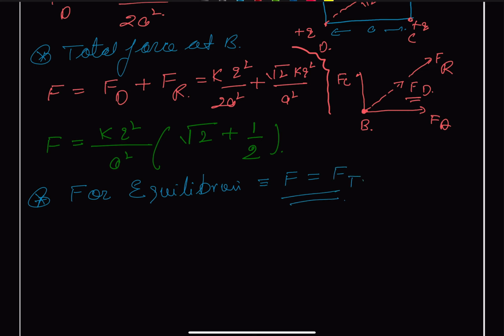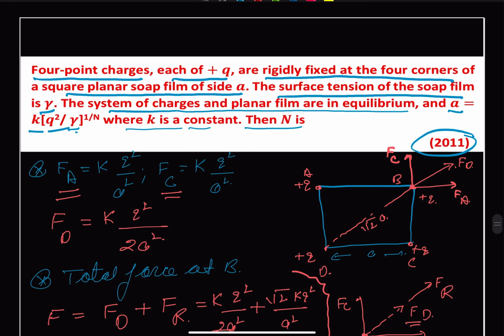So we can write force F, which we already know is KQ square upon A square, square root of 2 plus 1 by 2, is equal to 2 gamma multiplied by A. And we have to know that as it is a soap bubble, the tension force will be twice. Now we can solve it, and we are interested in finding A, making a comparison with the given value of A, the formula for A, and from here we are going to find N.